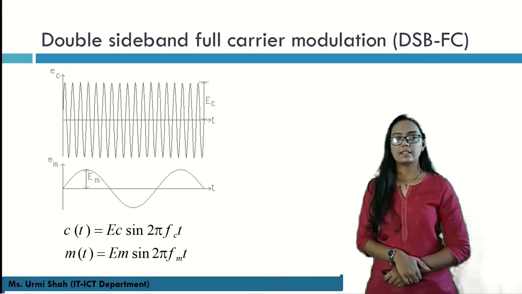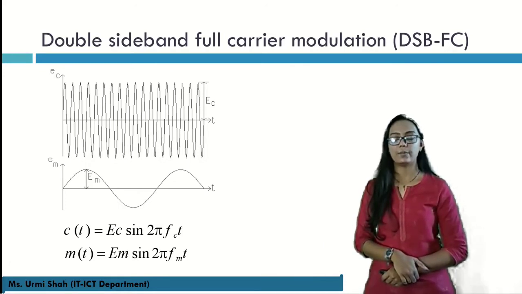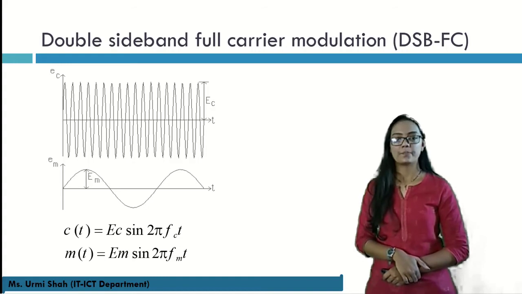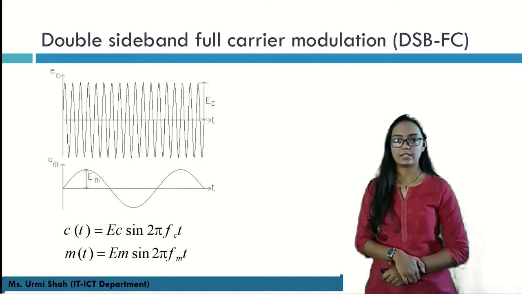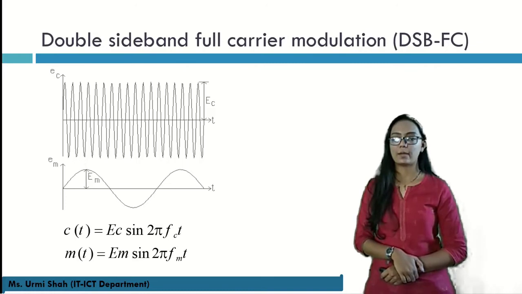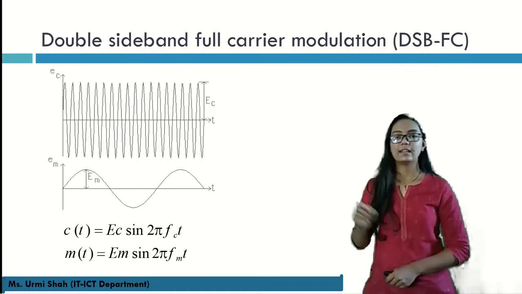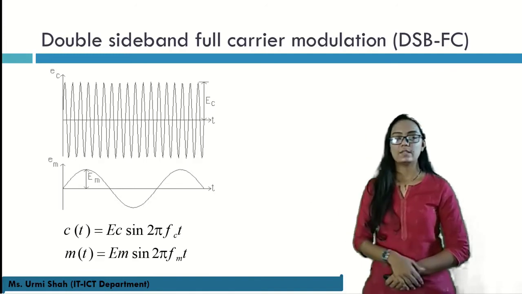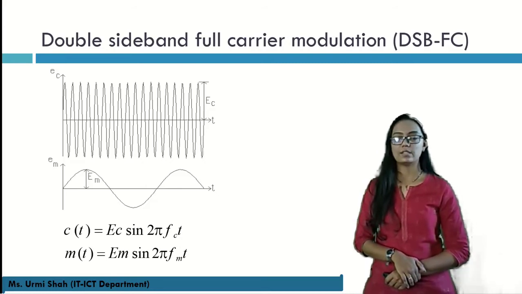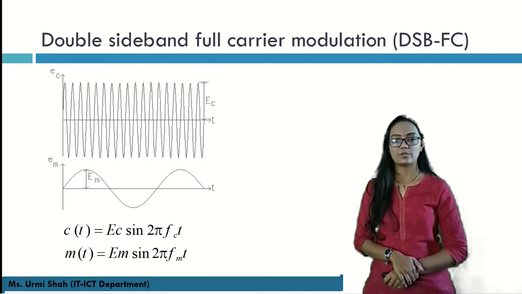The carrier signal is Ec multiplied by sine 2 pi fct, and the message signal is Em multiplied by sine 2 pi fmt, where Ec and Em are the amplitudes of the carrier signal and message signal, and fm and fc are the frequencies of the message signal and carrier signal. These are the formulations of the message signal and carrier signal.